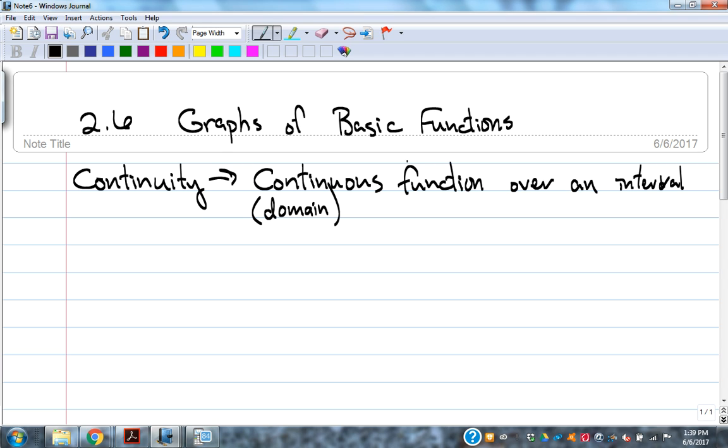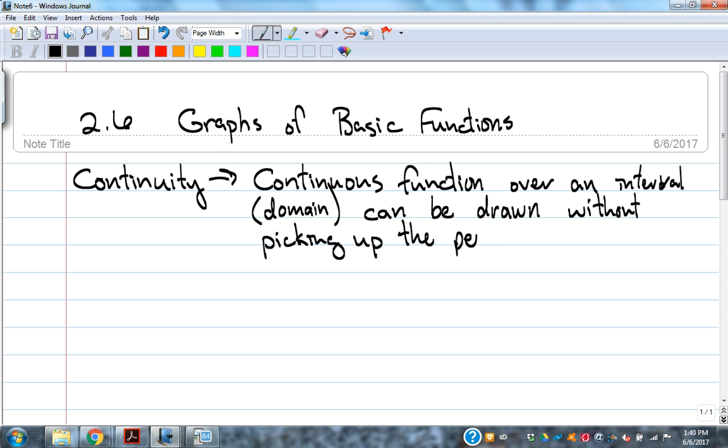The best way for me to describe this to you, a continuous function over an interval or the entire domain can be drawn without picking up the pencil or pen, whichever one you're using.